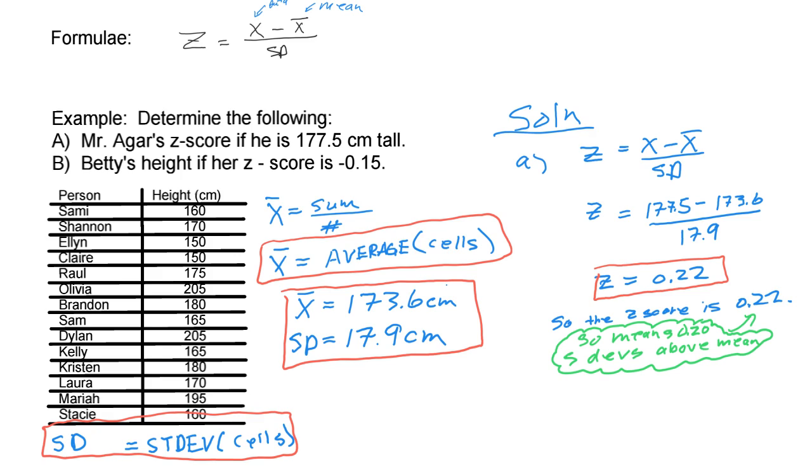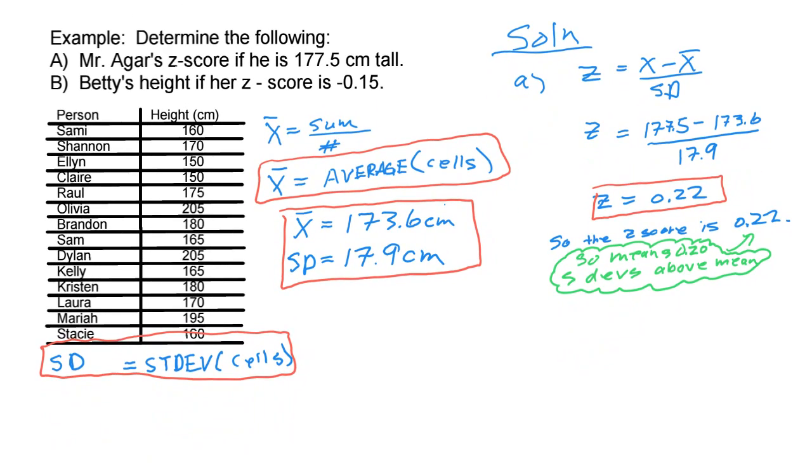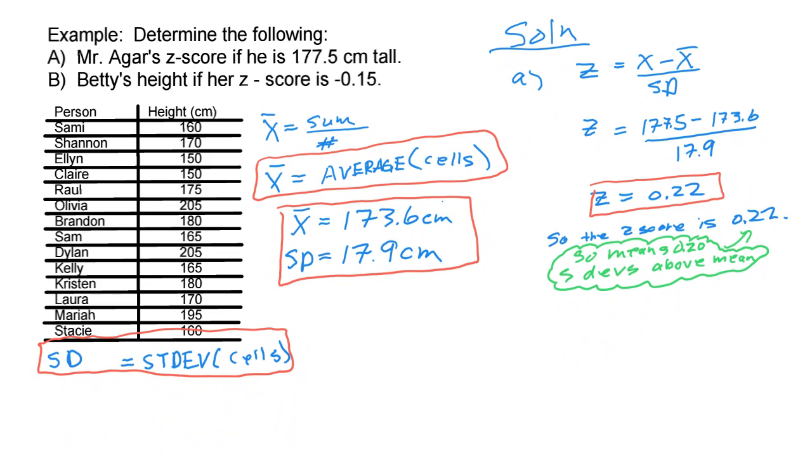So now I'm just going to move this up because we're still going to calculate Betty's height. Well, we start by writing out our equation for the Z-score. And no, we're not American, we don't say Z. Just kidding. Then we substitute everything we know.